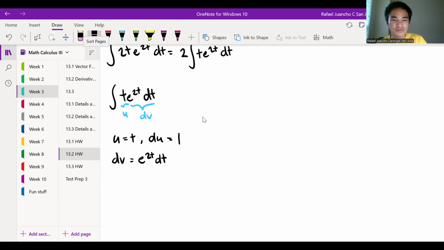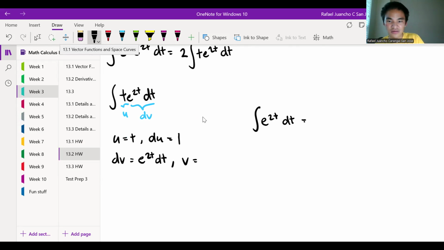And then my v is the integral of this thing. Yeah, see, that's why integrals are so long.